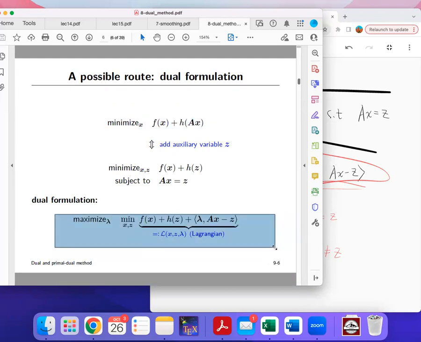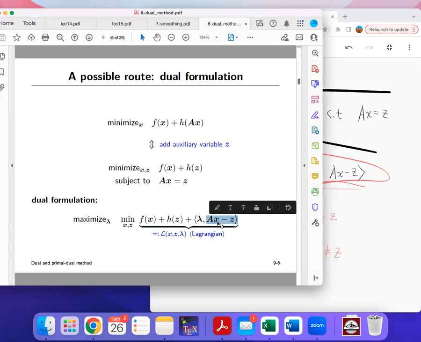The nice thing about the dual formulation, though it may look a bit complicated, is that in this formulation, f(x) and h(z) are decoupled. It's different from the primal formulation, where x is coupled by A, but here it's just x and z. The real coupling is now inside this inner product. So we decouple these parameters.